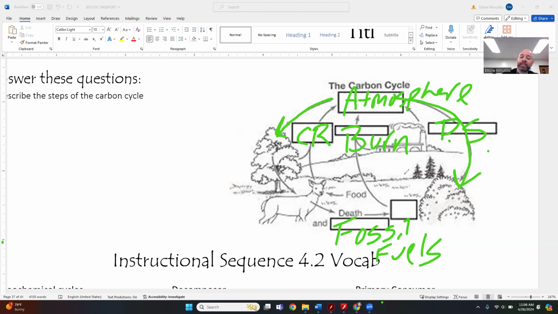We also have things that are going to die and decay. When our decomposers break those down, that will also release carbon back into the soil as well as the atmosphere. So a couple different ways that carbon's going to get cycled around our system. It's usually photosynthesis and cell respiration, and then it's going to involve either decay or burning to break those molecules down.